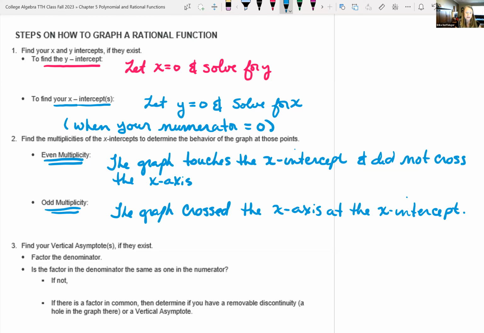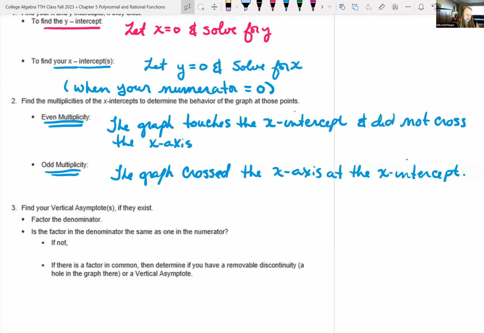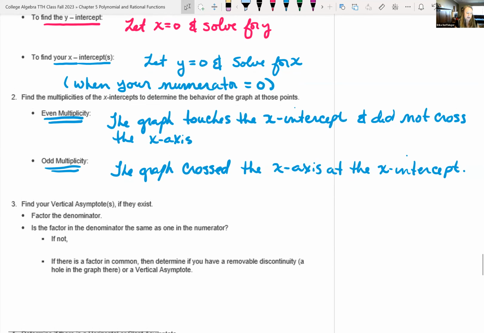So we're looking for our x-intercepts. We can tell what's going on with the graph, if it was going to cross or touch, depending on the multiplicities. We're going to find the vertical asymptotes, if they exist. We talked about doing that by factoring our denominator, and we factored also our numerator.